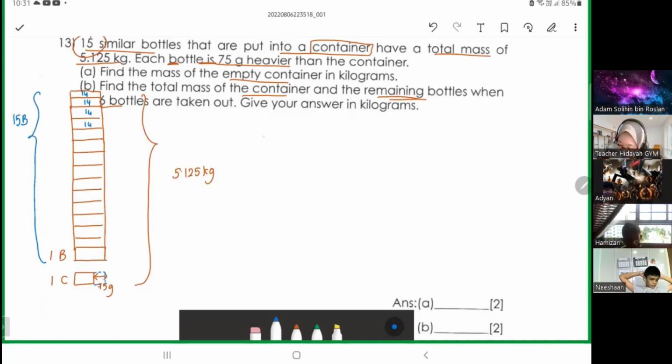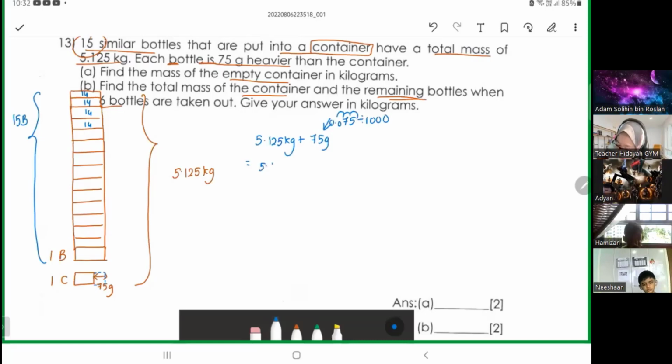So actually, I can get 5.125 kilogram plus 75 gram, which I convert into kilogram first, which is actually 0.075, sorry. Okay, I show you how I convert: 75 divided by 1000. So 1, 2, 3, 0.075, right?